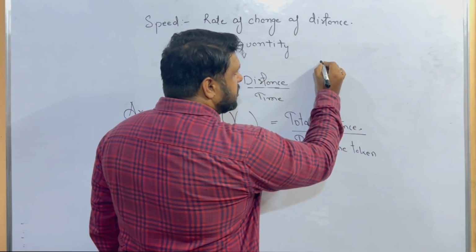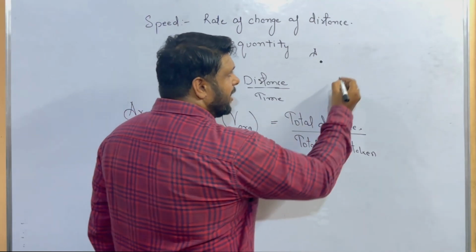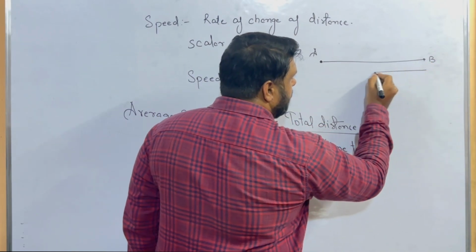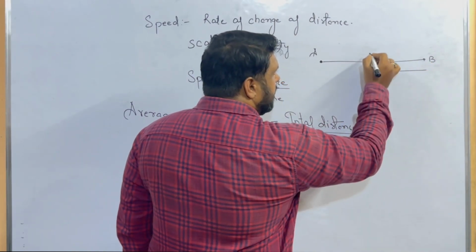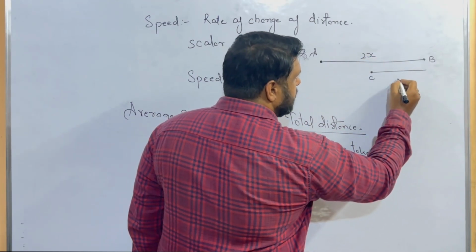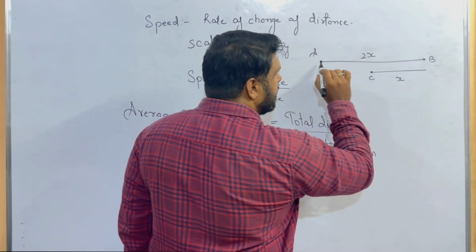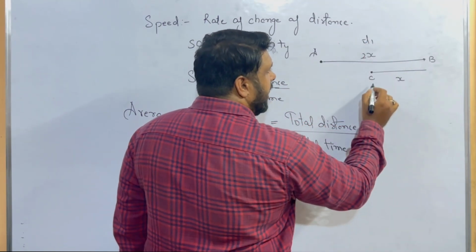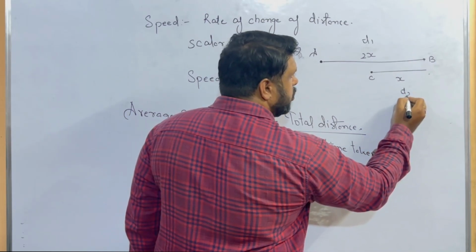Suppose I have started moving from point A to point B, then I moved backward to point C. Let's say the distance A to B is 2x and B to C is x, and the time taken traveling A to B is T1 and from B to C is T2.